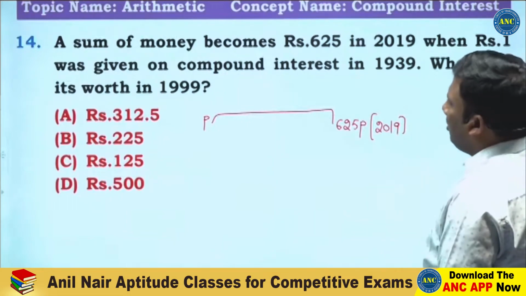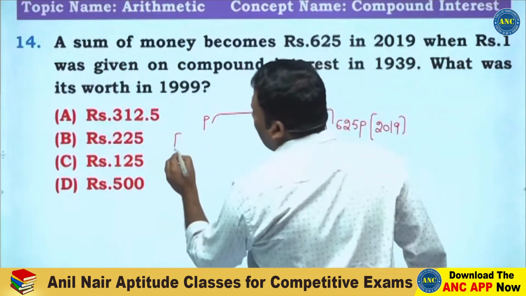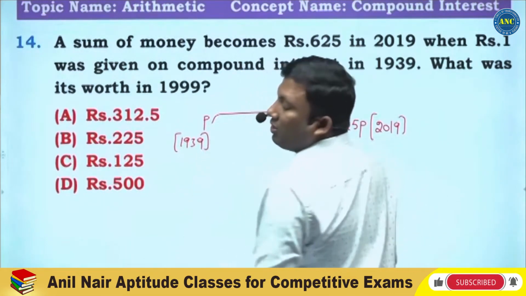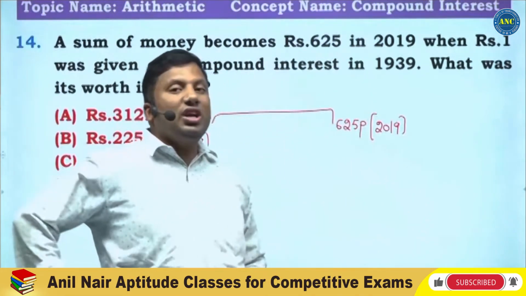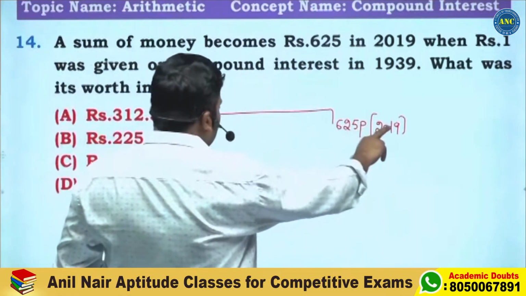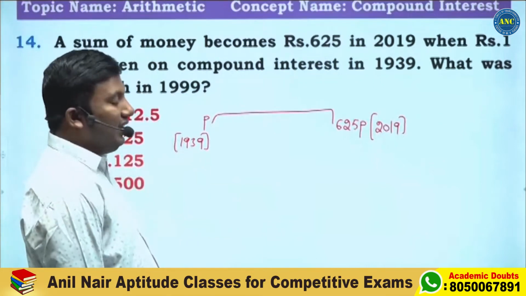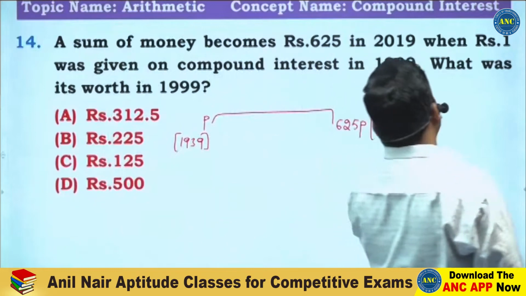When 1 rupee was given on compound interest in 1939, that 1 rupee principal became 625 rupees. From 1939 to 2019, it is 80 years. First attack the amount 625.